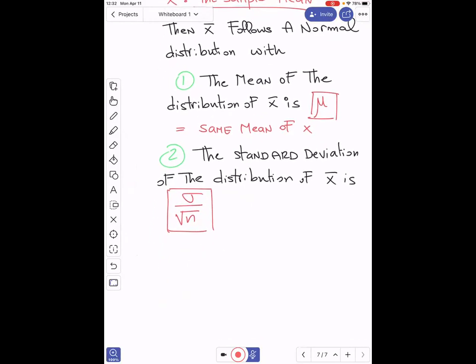So what does this theorem say, in concrete examples?